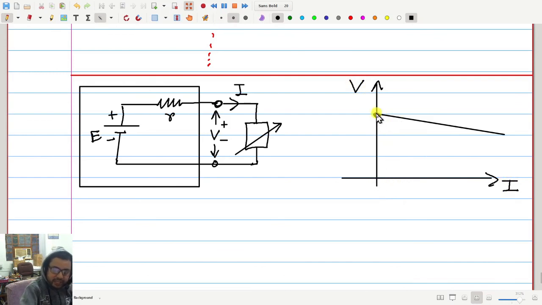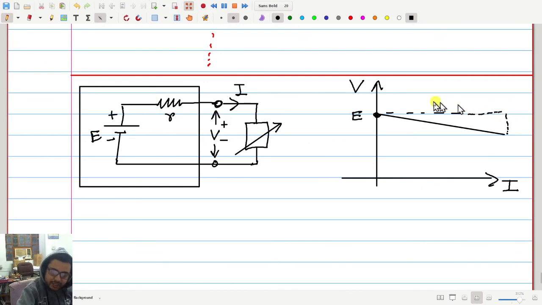When there is no current, how much will be the voltage? It will be equal to E, and then it gradually drops down. From this graph, can you calculate the internal resistance?